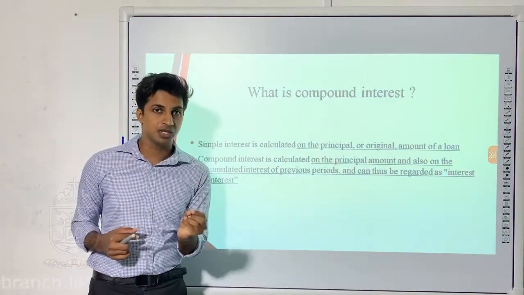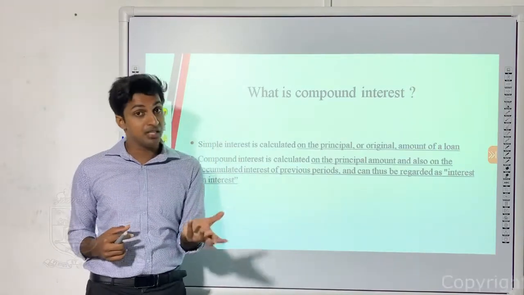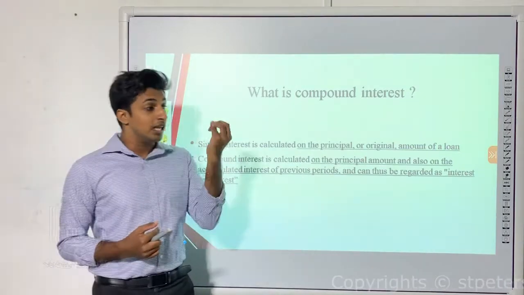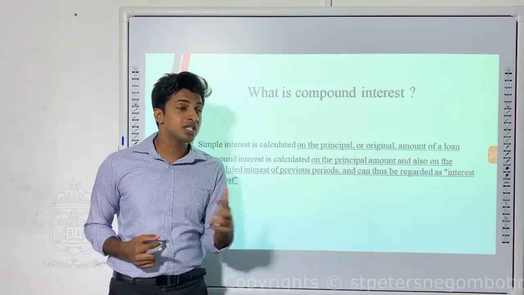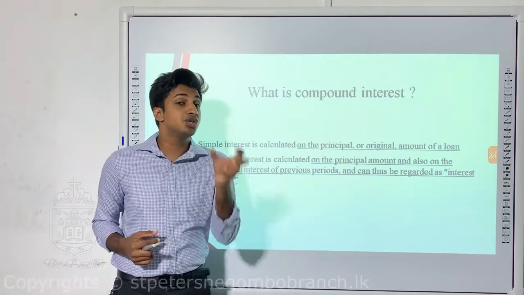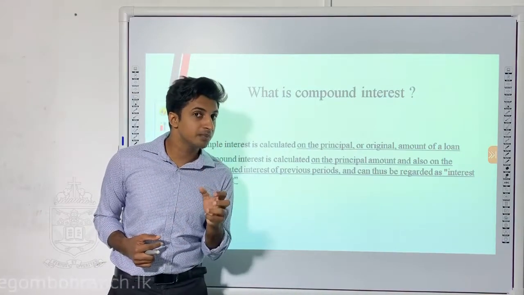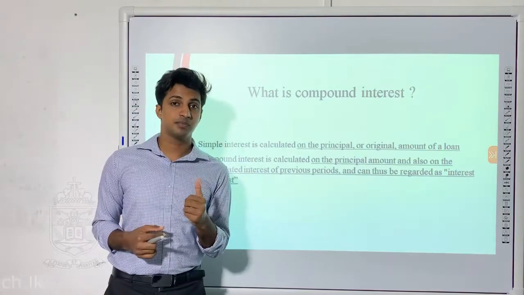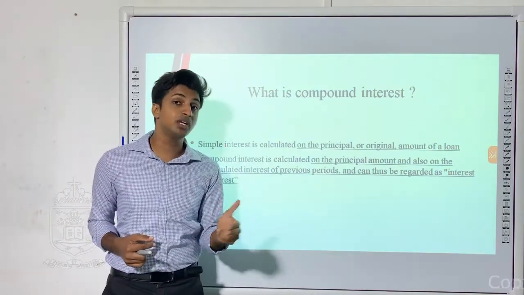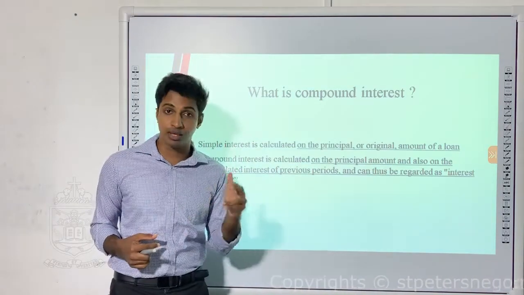In simple interest, let's take you're going to deposit 10,000 in a bank. Then what happens is the interest for every year will be added on the amount which you deposited at the very beginning. It won't change. But in compound interest, it is going to be compounded annually, probably yearly, probably quarterly or monthly.